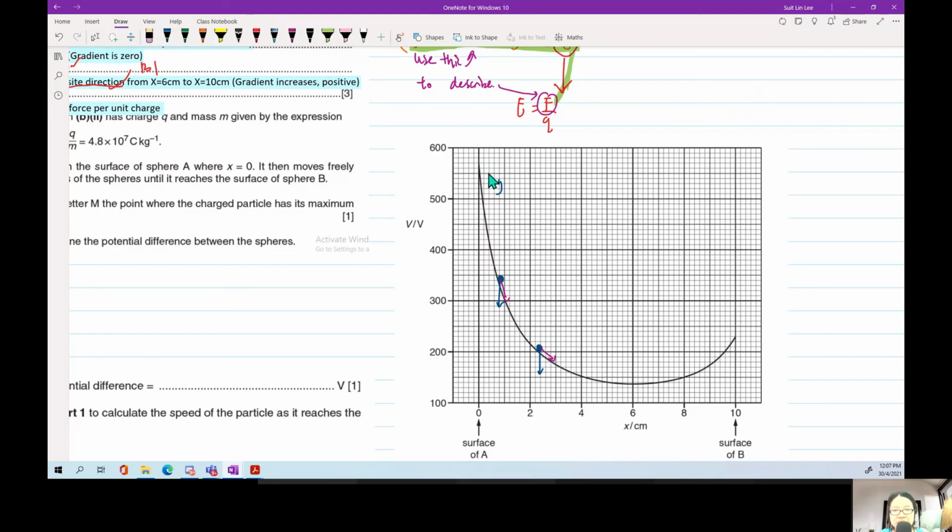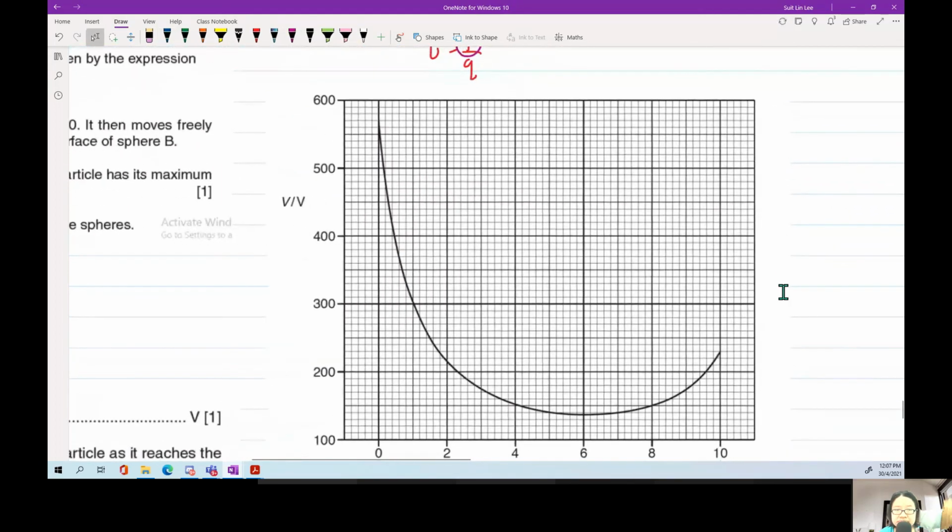Let me do a bit of throwback first. Imagine this is not an electric field. This is an inclined plane. So if this is an inclined plane, the mg is acting downwards, and mg is the same because of gravity.